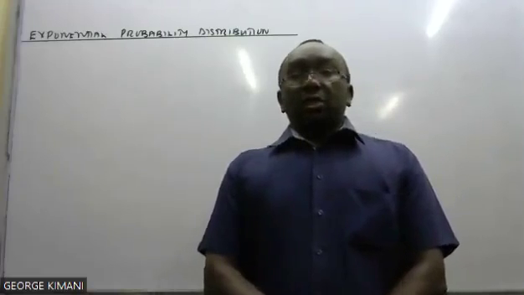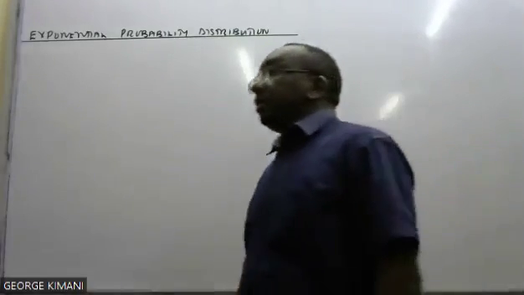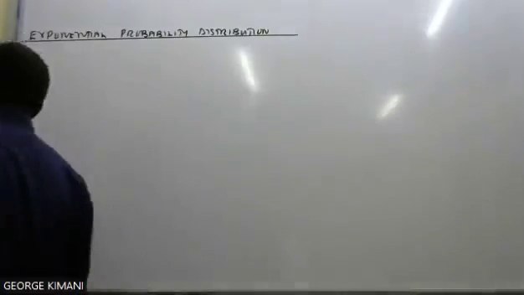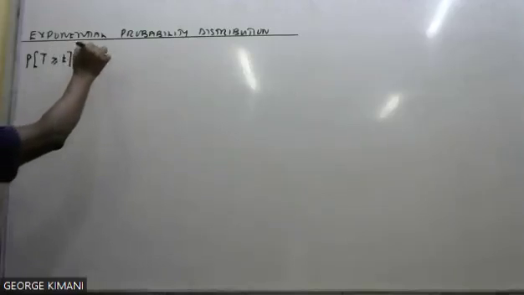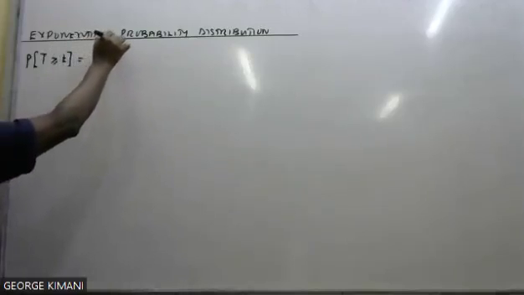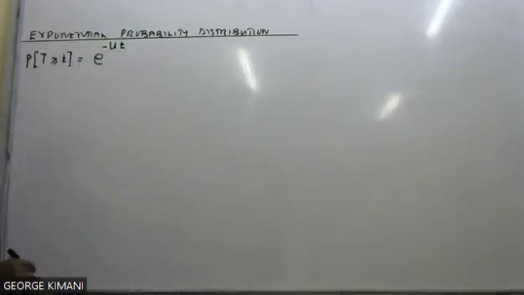First of all, the computation. The probability that T is greater than or equal to T is given as e raised to power minus UT.